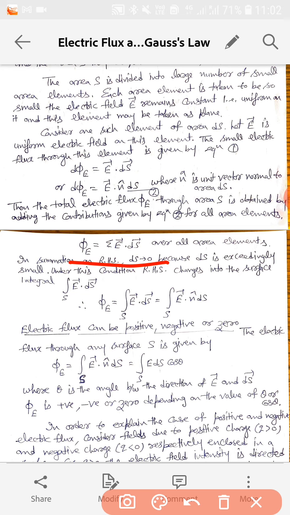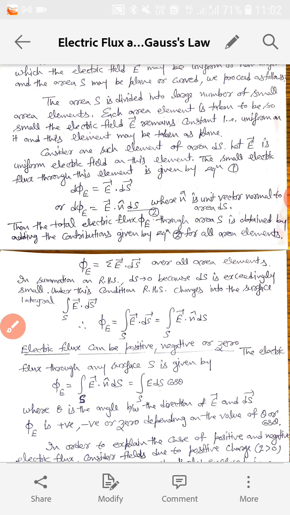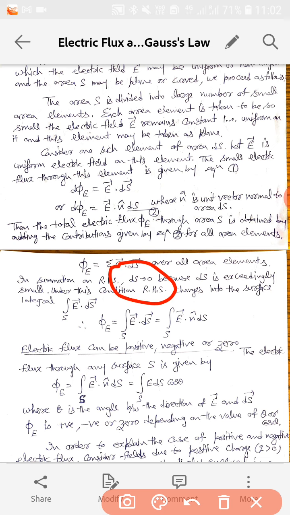In the summation on the right hand side, if dS approaches 0, that means the small area segment is exceedingly small, in that case this right hand side summation changes into a surface integral. So we can write phi E is equal to the surface integral of E dot dS, or the surface integral of E dot n cap dS. Now this is how we define electric flux.